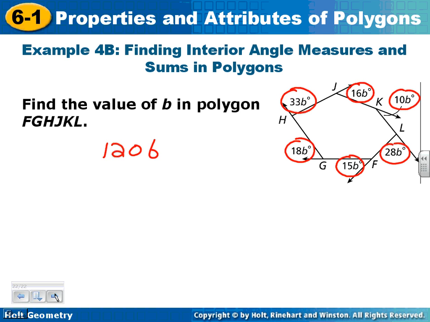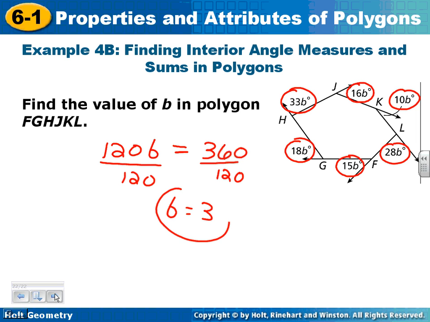So all 6 angles added together is 120b. And that equals, what number again? Equals 360. All I have to do is divide by 120. So b equals 3. 360 divided by 120.